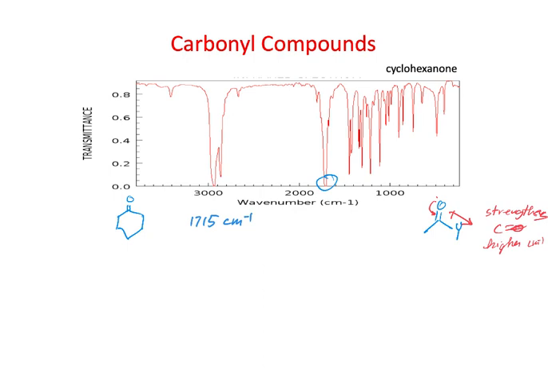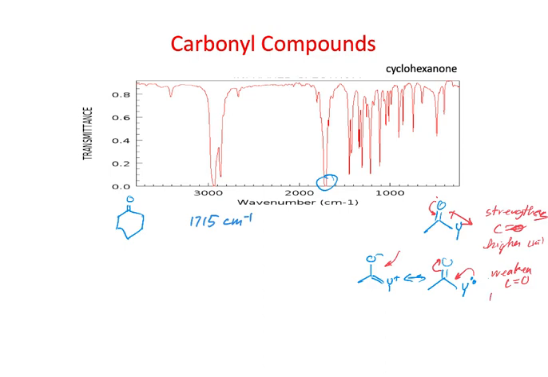The other thing that this Y group could do, if it has non-bonding electrons on it, is have resonance with the carbonyl. So if it donates electrons this way, then these electrons go up onto the oxygen, and so we have resonance. This is adding some single bond character to the carbonyl, and so this is going to weaken the carbonyl group.